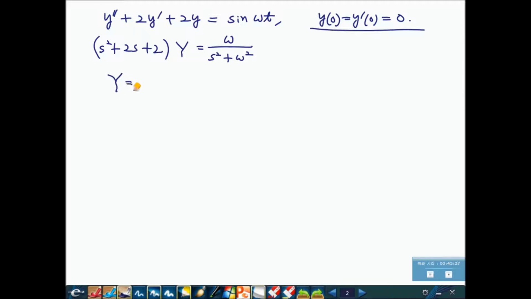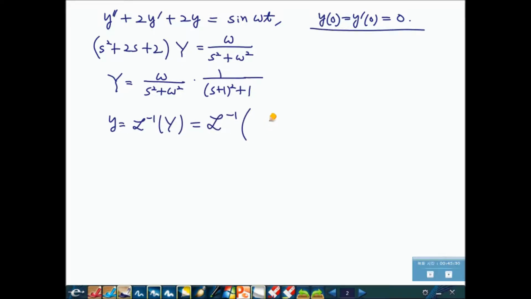So Y is omega over s squared plus omega squared times 1 over (s plus 1) squared plus 1. So y is the inverse Laplace transform of Y, which is the inverse transform of omega over s squared plus omega squared times 1 over (s plus 1) squared plus 1.